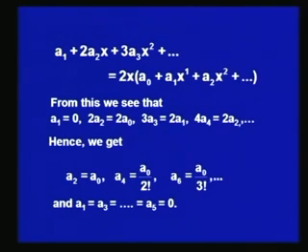And from this equation, when we compare the coefficients of the like powers of x, we see that a1 turns out to be 0, 2a2 is equal to 2a0, 3a3 is equal to 2a1, and 4a4 is equal to 2a2 and so on. Thus we get the values of a2, a4, a6 as a0, a0 by 2 factorial, a0 by 3 factorial and so on, while a1, a3, a5 and so on are all zeros.